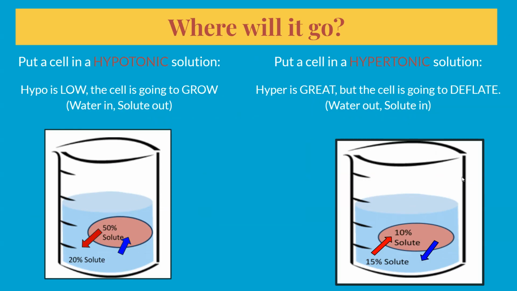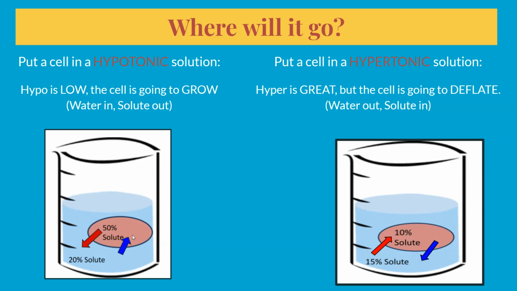So to kind of wrap up this idea of the cells growing and shrinking, if you put a cell in a hypotonic solution, so outside the cell, you have less than inside the cell, through osmosis, water's going to come in as the solute goes out through diffusion. And with water coming in, the cell is going to grow.